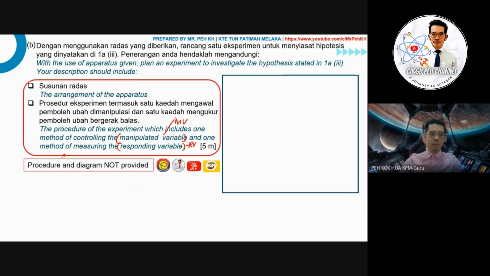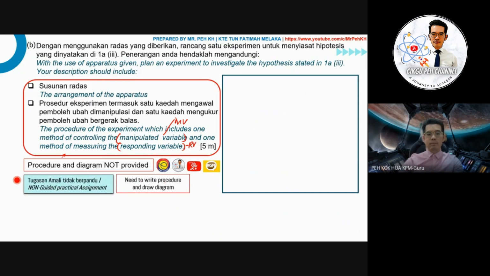From here you can see that the procedure and diagram are not provided, so this question is an unguided practical. You need to write the procedure and draw the diagram. The box here is to let you draw your diagram of the experiment. So this is the highlighted part of the question.